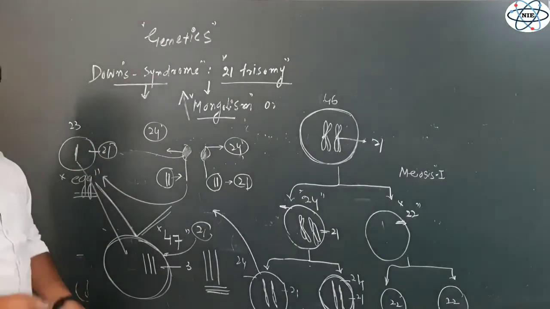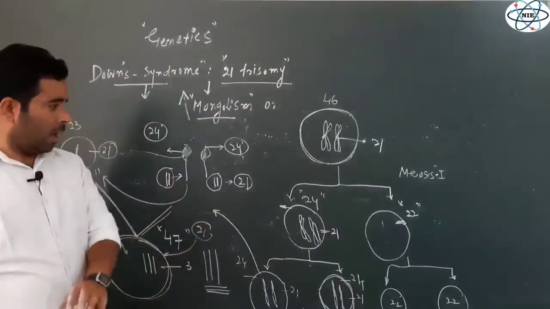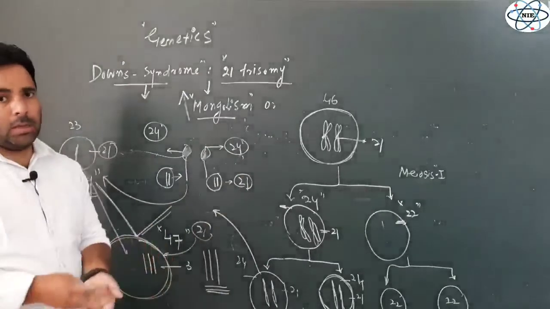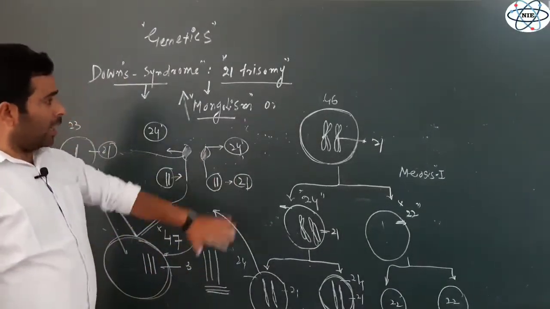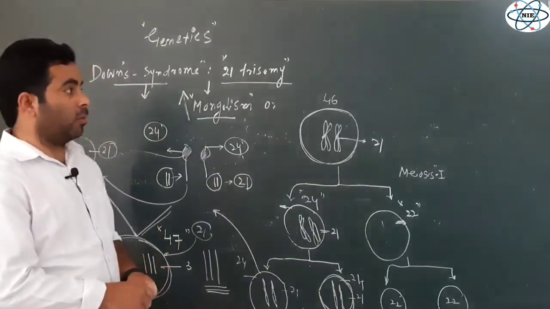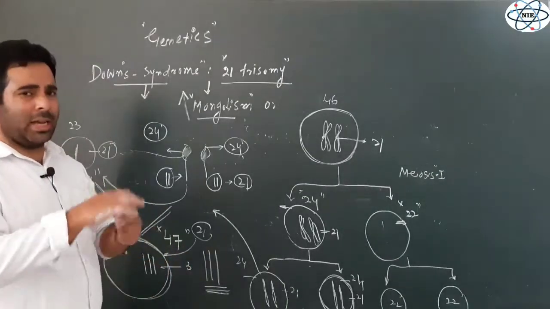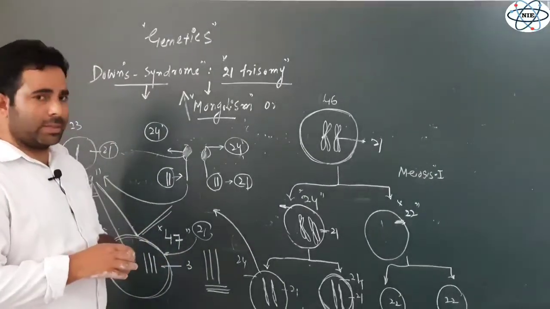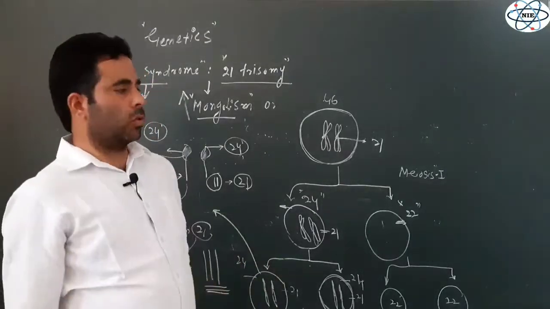But let me add here, because I'm not gonna discuss this again and again in other chromosomal abnormalities. There are many other chromosomal abnormalities that we have to discuss in the upcoming lectures. For example, we have Klinefelter syndrome, we have Turner syndrome, we have many other syndromes as well, but these 2 we are supposed to discuss, Klinefelter syndrome and Turner syndrome.